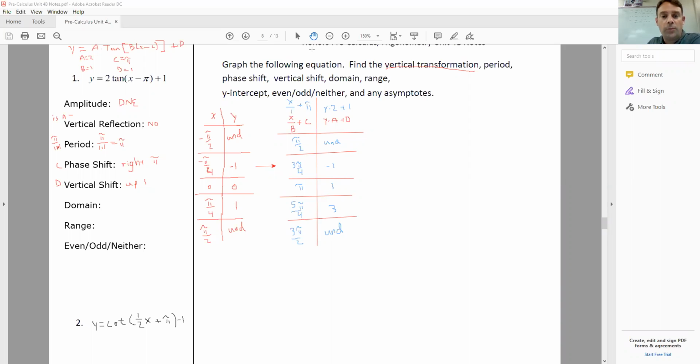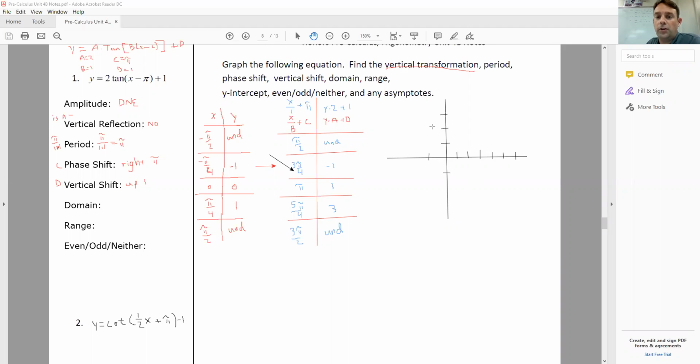And again, just like before, we always count by the smallest or the largest denominator. So we're going to count by pi over 4s. So let's see here. 1 pi over 4, 2 pi over 4, well, that's pi over 2. 3 pi over 4, 4 pi over 4, 5 pi over 4, 6 pi over 4, that's 3 pi over 2.